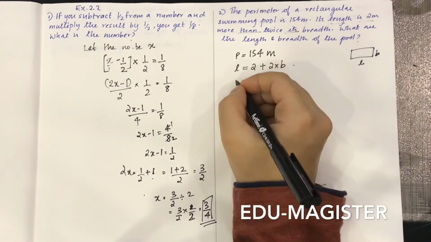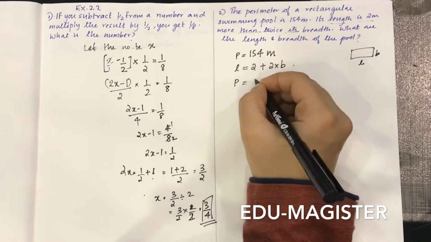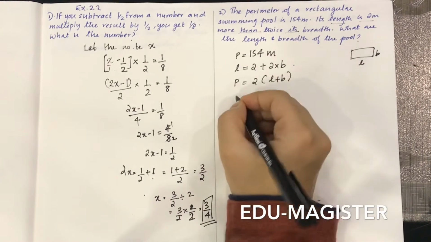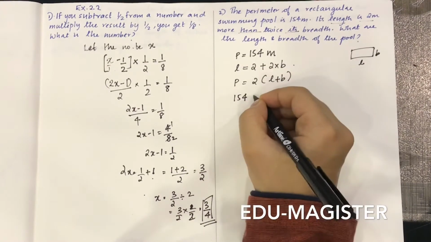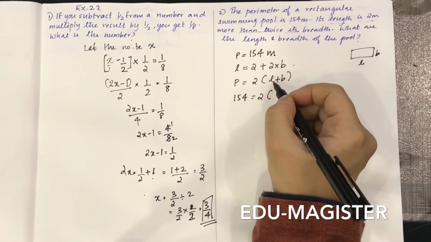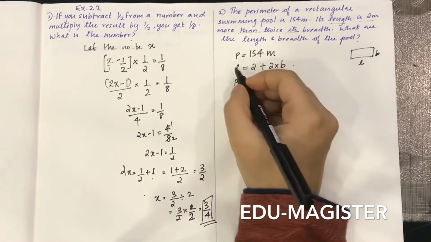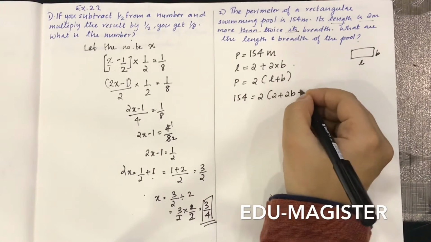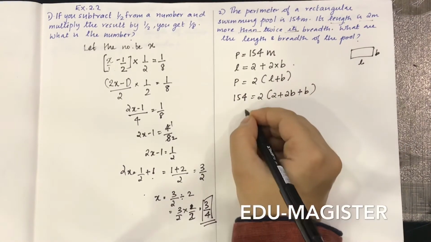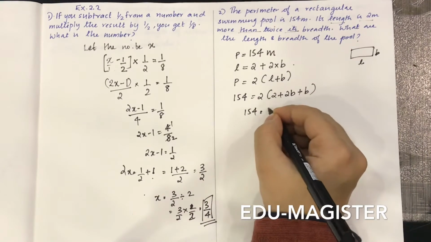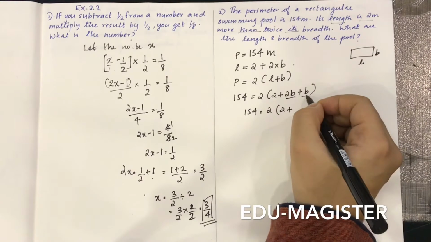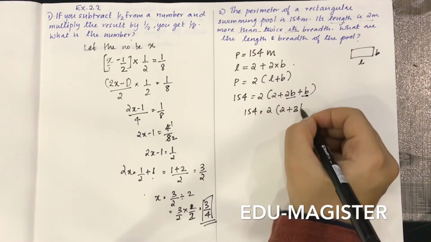So what is the perimeter of a rectangle? It is equal to 2 into L plus B. That is a general formula. Perimeter is 154, that is given to us. Now 2 into, instead of L, we can write 2 plus 2B because L is equal to 2 plus 2B, plus B. 154 is equal to 2 into 2 plus 2B, and 2B plus B is equal to 3B.